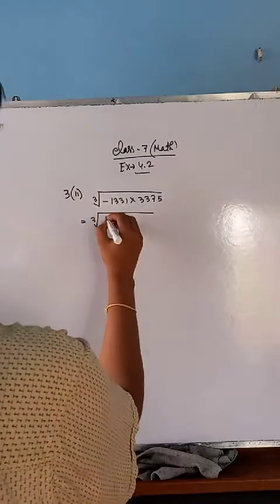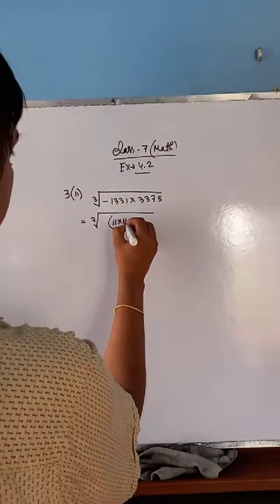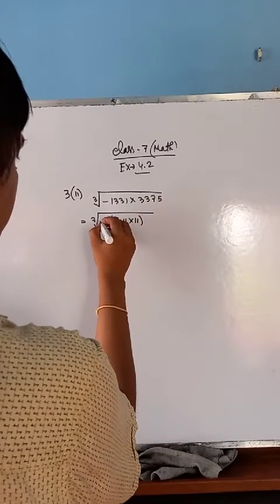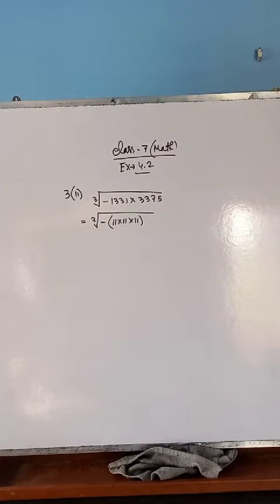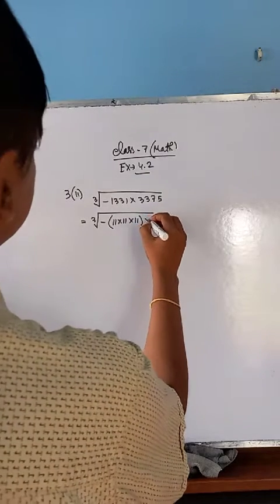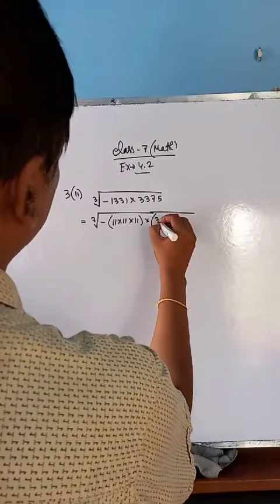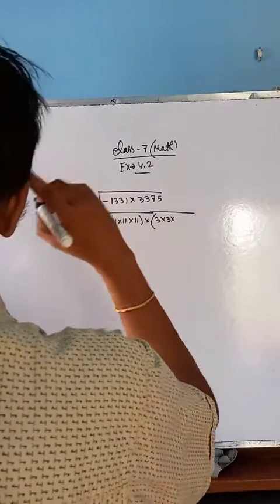Now see, 11 into 11 into 11 gives this minus 1331. Clear? And if you do the factorization of 3375, you can get this answer, 3.